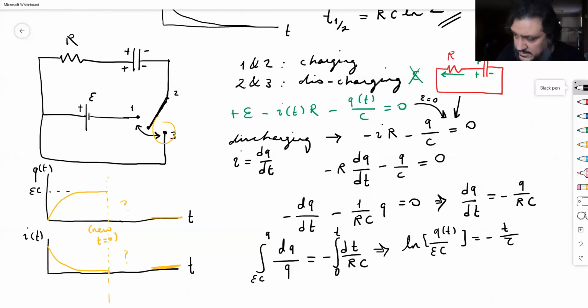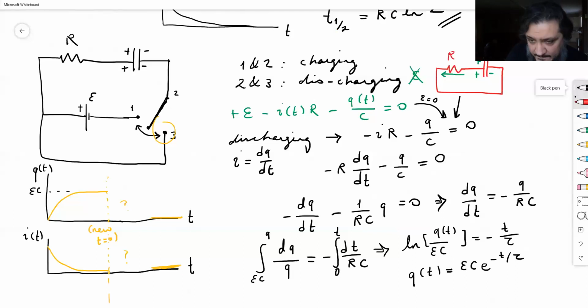And therefore, Q will be equal to EC e to the power negative T over tau. So this is how we connect the two here. This goes like e to the negative T over tau.